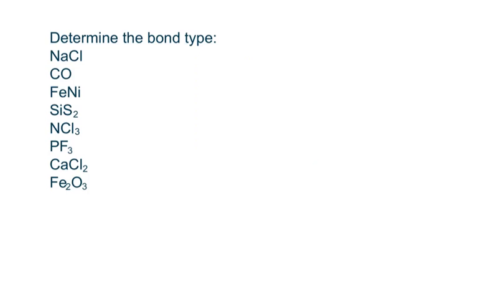So NaCl, sodium is a metal, chlorine is a nonmetal, so this is going to be ionic. CO, well, they're both nonmetals, so it's got to be covalent. FeNi, they're both metals, so it's metallic.